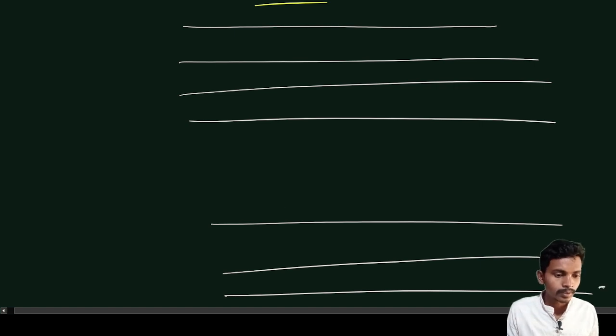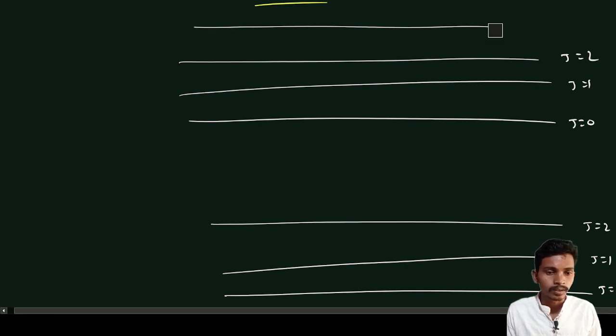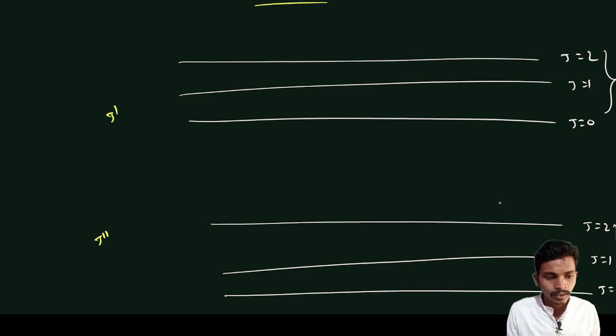So for the PQR branches, let's say this is J equal to 0, J equal to 1, J equal to 2, in both levels, with V equal to 1 and V equal to 0, and this is J double dash and this is J dash. What are the transitions?